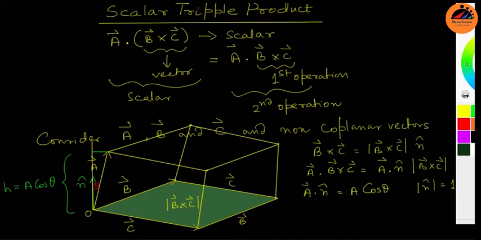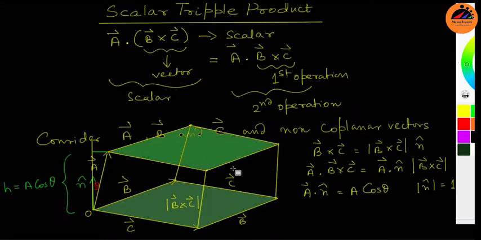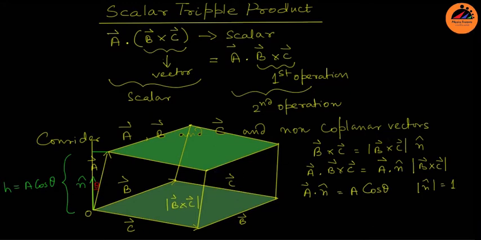What is the value of this volume? The value of this volume is the magnitude of one area times the distance between the heights, okay? So this is what it is.